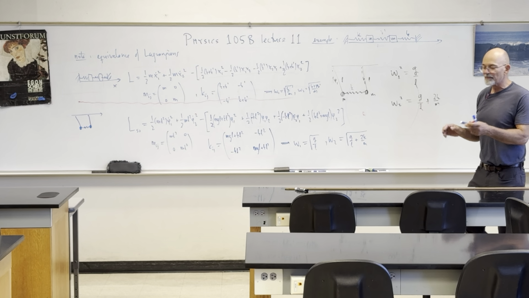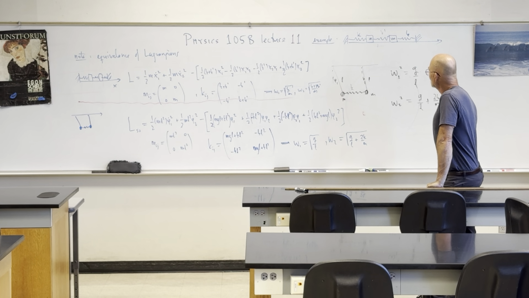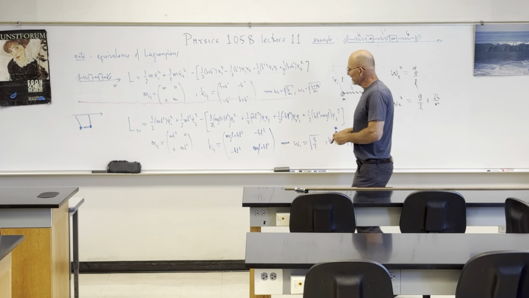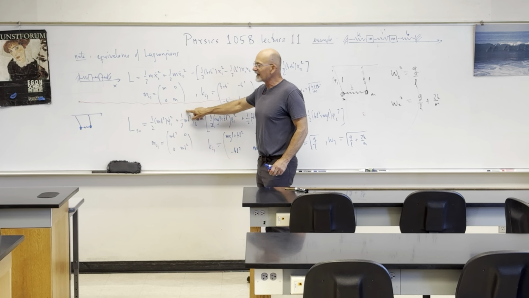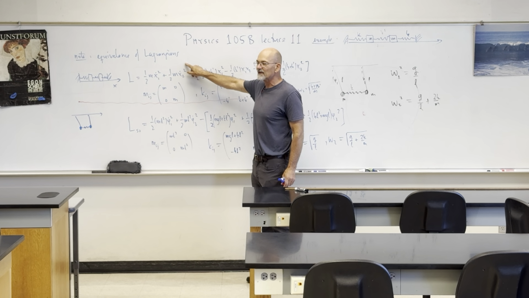Now it's all up on the board in one grand diffusion. The point is that at the level of the Lagrangian, we can already see that these two systems are equivalent.